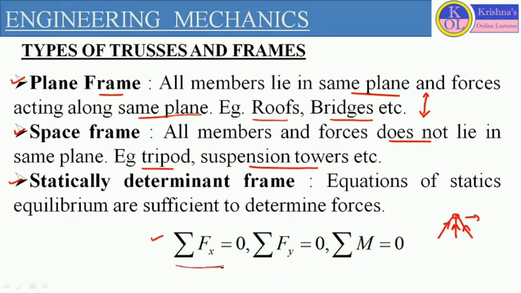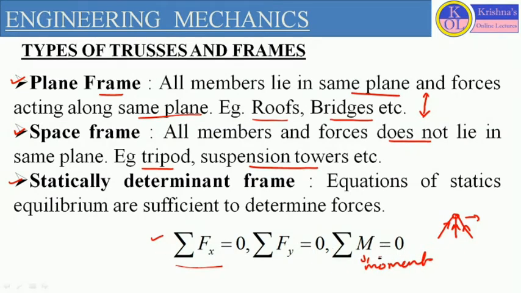The summation of Fx equals 0 represents the sum of all the forces acting in the x direction or x plane, summation of Fy equals 0 represents the sum of all the forces acting in the y direction, and summation of M equals 0 represents the summation of moments of the number of forces.